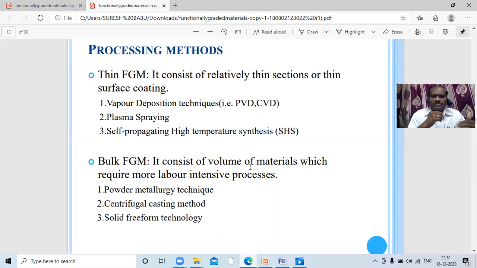Many of these preparation methods I explained in the first and second units, because the heading itself shows you are already aware of vapor deposition technique, plasma spraying, self-propagating. For bulk manufacturing of FGM, we can use the powder metallurgy technique. I think everyone knows about the centrifugal casting method, and solid free form technology is a new one.